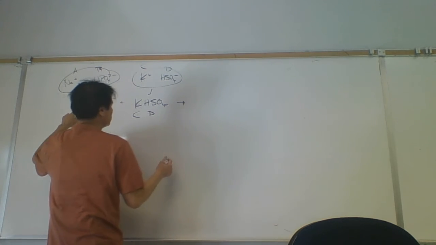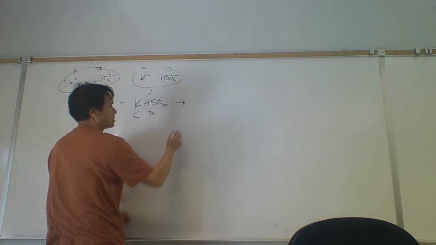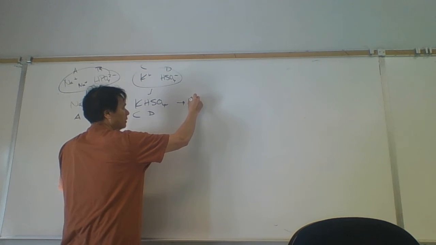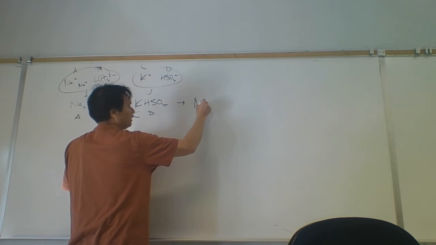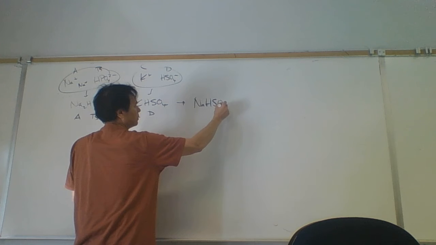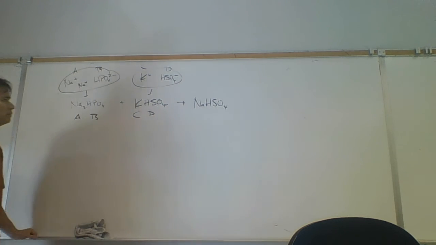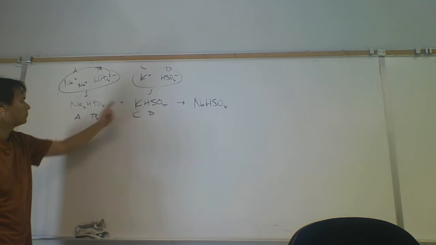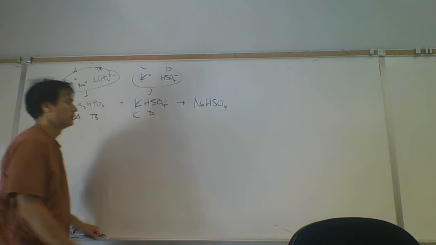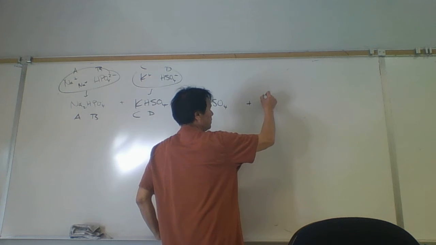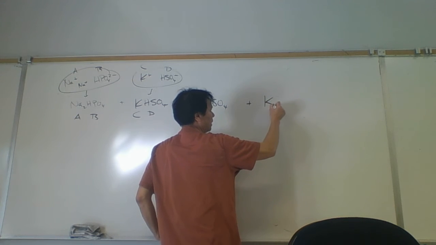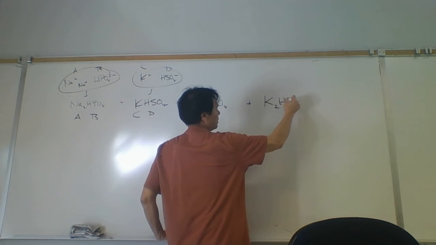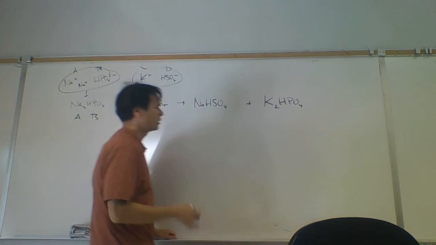And I form sodium hydrogen sulfate, formula NaHSO4, and potassium monohydrogen phosphate. So potassium monohydrogen phosphate would be K2HPO4.